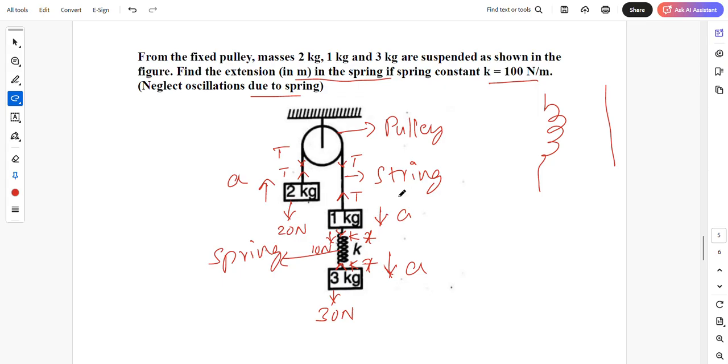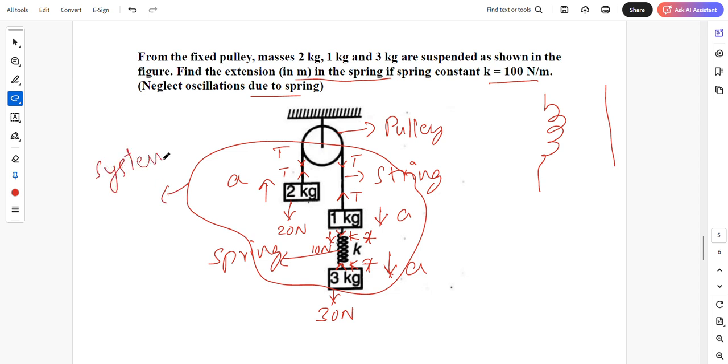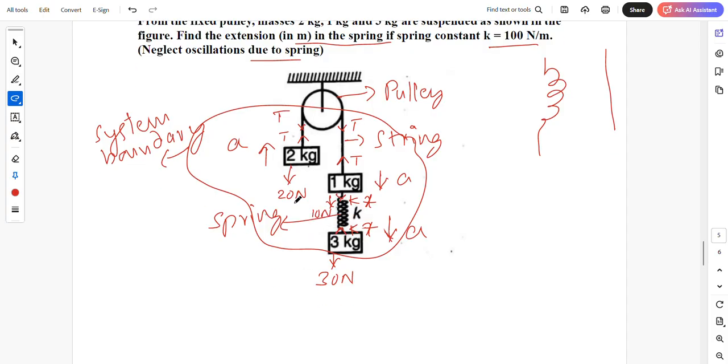Now just see here. Let us take this as the system boundary. If I take system boundary, all the internal forces get cancelled.